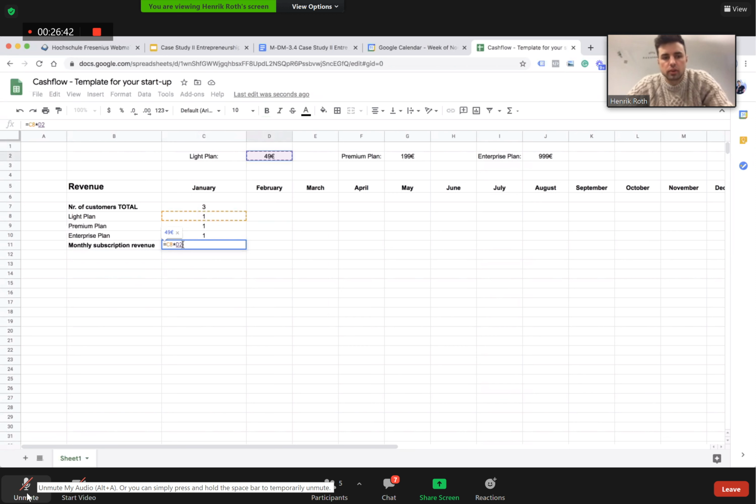We need to make dollar signs there, so if we move the cell to the right or to the left, it does not change. Plus the premium plan times this 199 euros. Plus enterprise plan times the enterprise price. That's times, not plus. So in January, we generated a revenue of 1,247 euros.